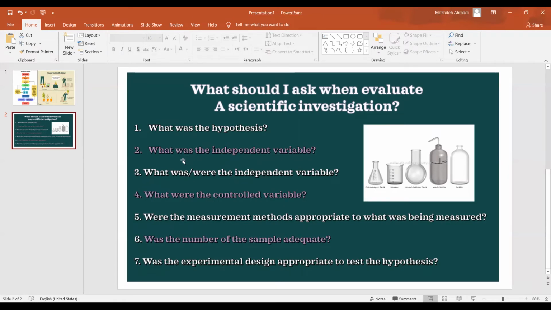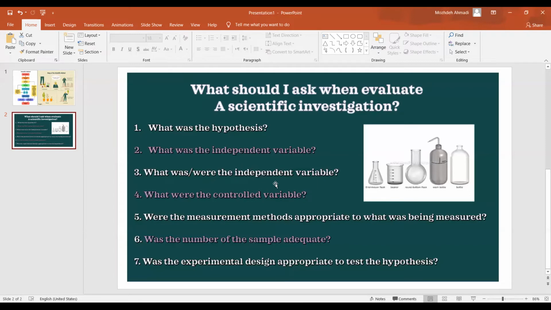And it means that we should have only one independent variable. We cannot have more than one independent variable. Sometimes we can have, but in GED, there is only one independent variable.